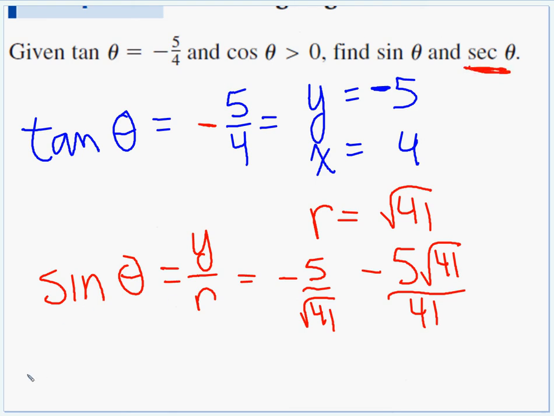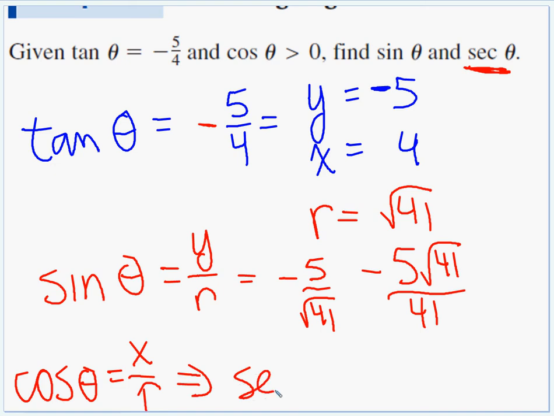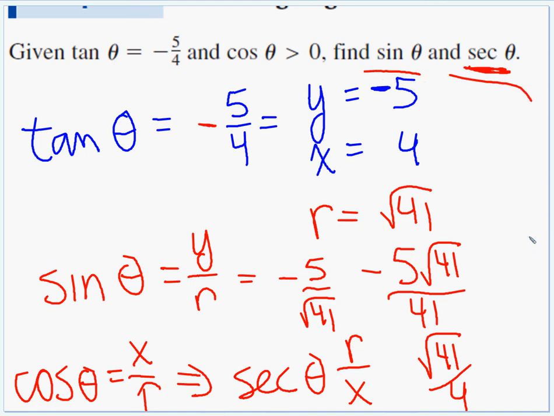I don't have it memorized, but I know cos is x over r, and if we flip cos, we get secant. So the secant of this angle theta is going to be the r distance over the x coordinate. So r is root 41 and the x coordinate is 4, giving root 41 over 4. And that's all they asked us to find, the sine and the secant.